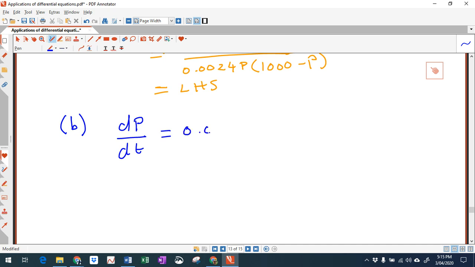So dP/dt equals 0.0024P(1000 − P). What can we do there?